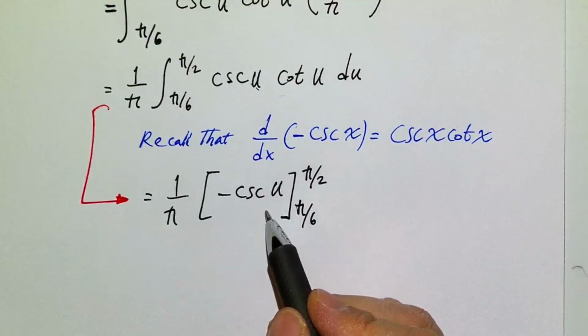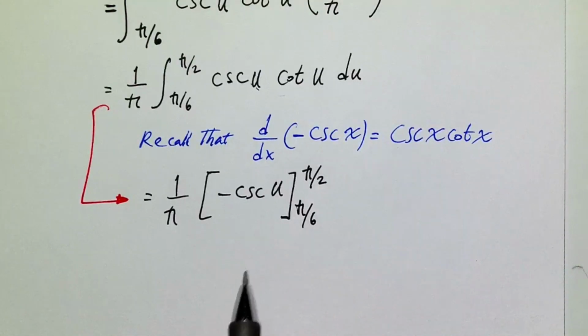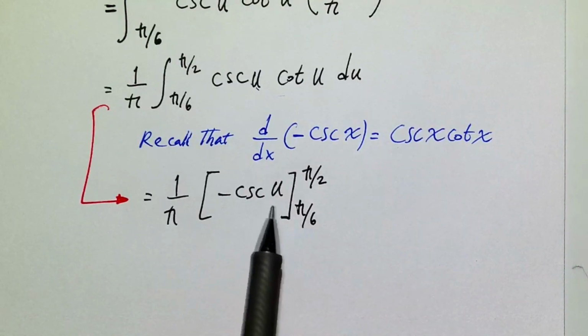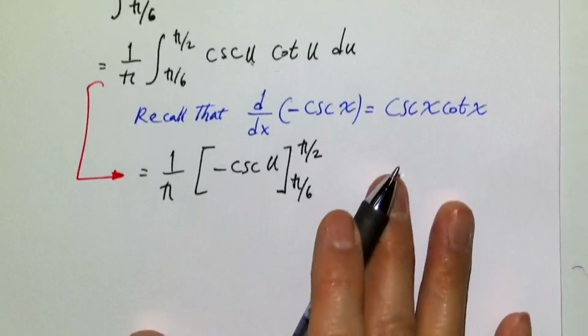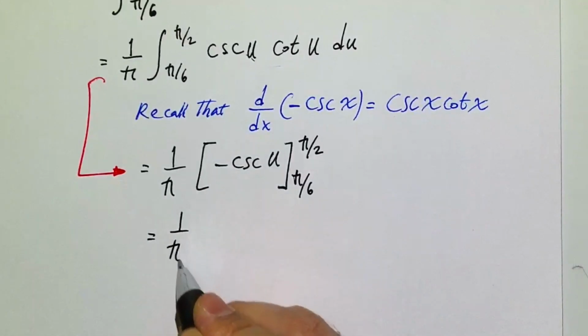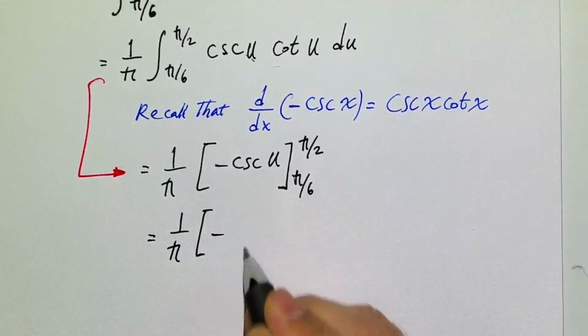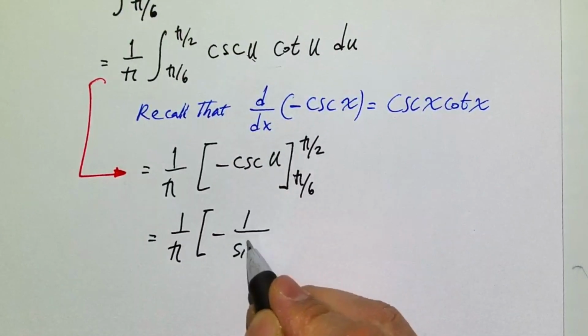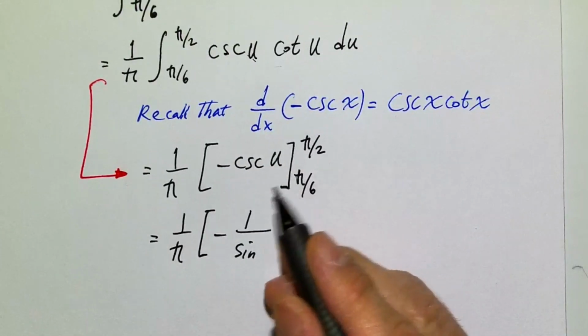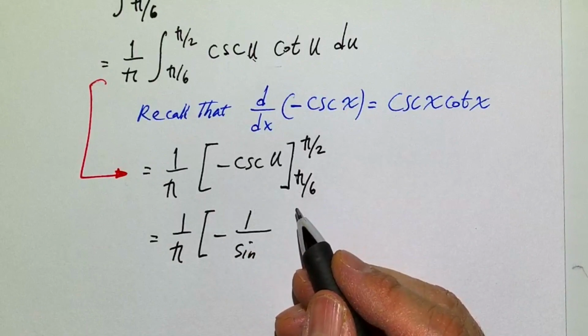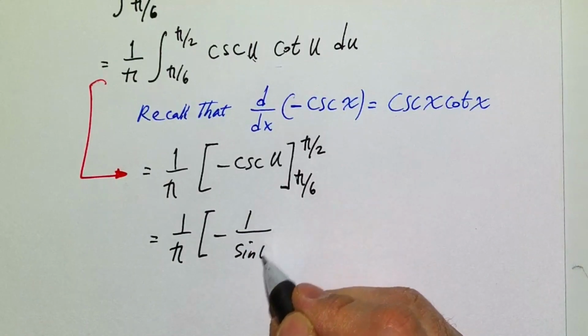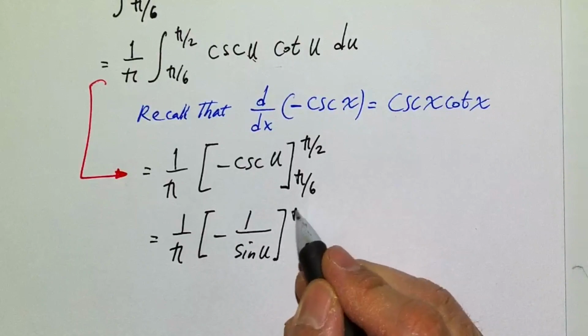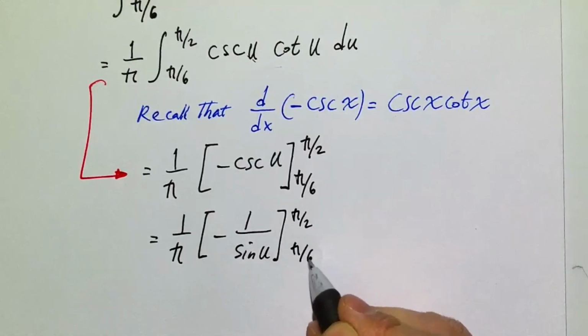So in this case, let's write it like this. So equals 1 over pi minus, it's just easier to work with sine and cosine than cosecant and secant. And sine of u, and then pi over 2, pi over 6.